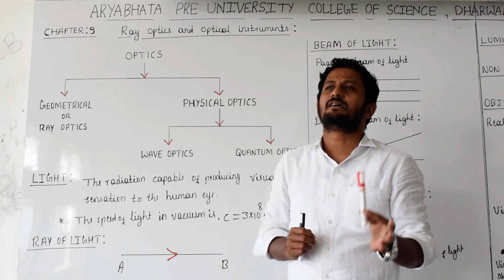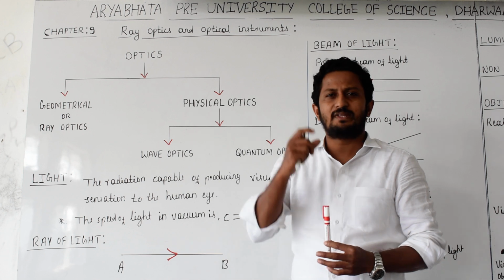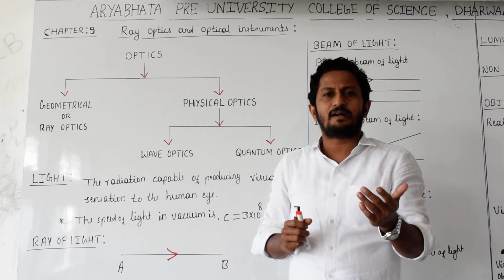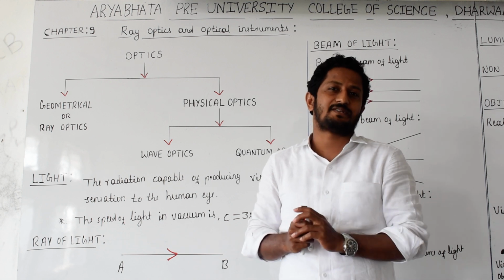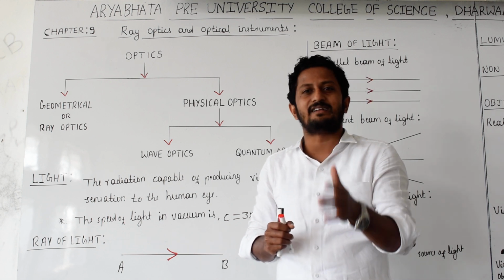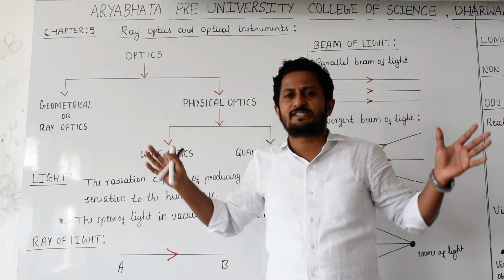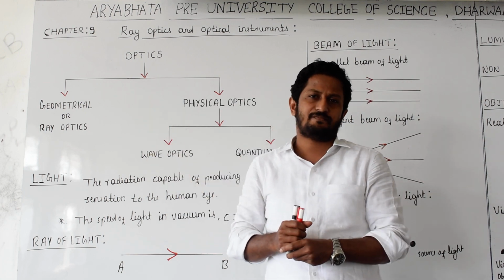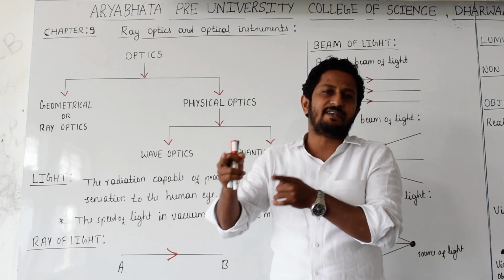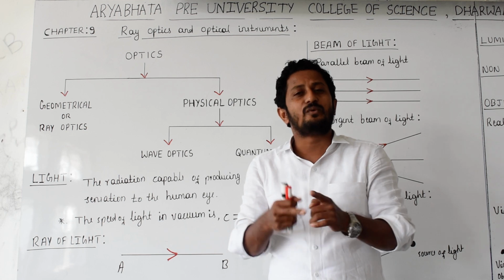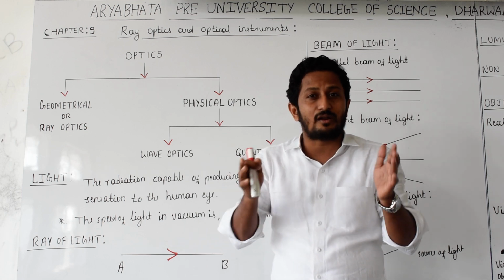What is happening? From that sun there is an emission of energy called light. That emitted energy, that light, propagates through this entire universe. Due to the presence of that emitted energy from the sun, we are able to see the objects around us.